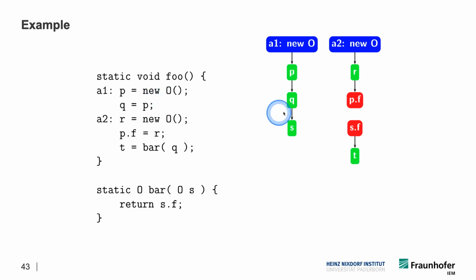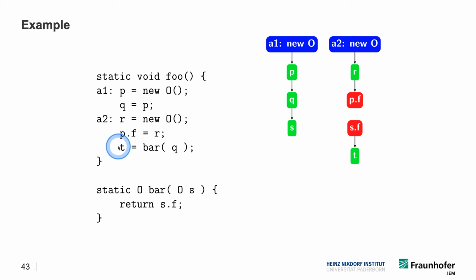P is being assigned to Q. Q is being assigned to S. That's here, okay? We also see the same here. A2 is being assigned to R. R is being assigned to P.F. And now looking at S.F here, it's being assigned to T, all right?